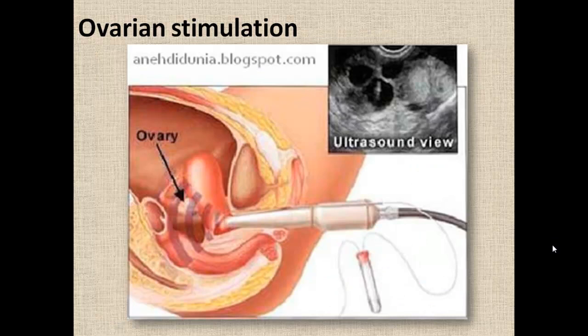First, ovarian stimulation. The main purpose of this stimulation is to increase the number of eggs produced by the ovaries. The more eggs that can be taken and fertilized during the IVF process, the greater the chance of pregnancy.